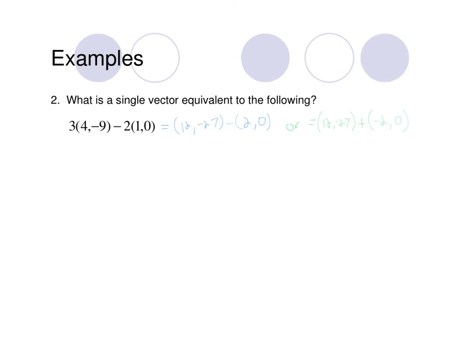So we're either adding the vector negative 2, 0 or subtracting the vector 2, 0. Because they're opposite vectors of each other, that makes sense, right? Adding the opposite. Either one of those will give you the same answer.